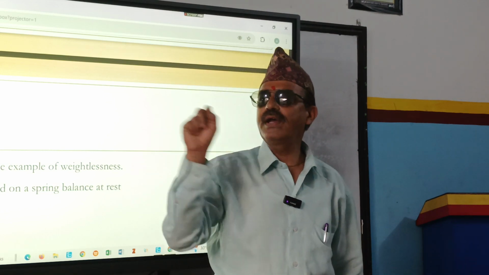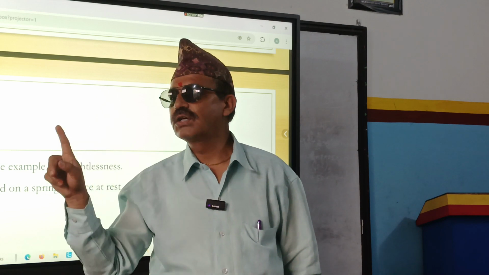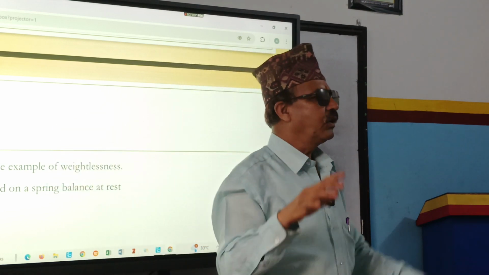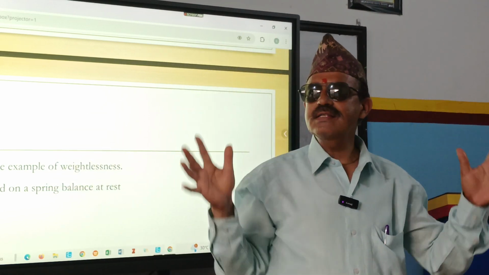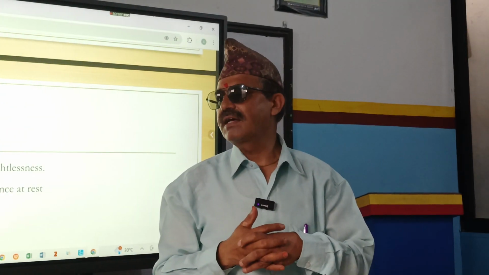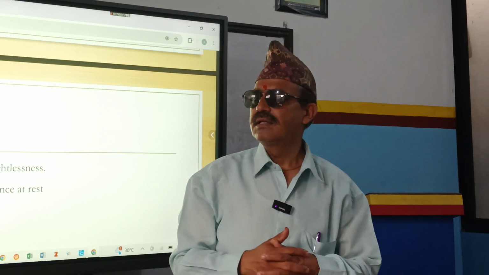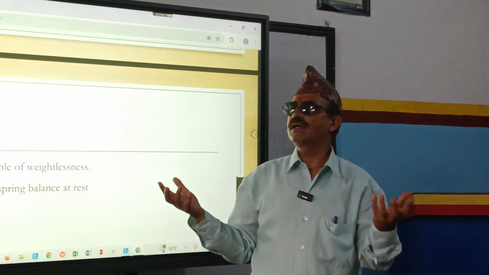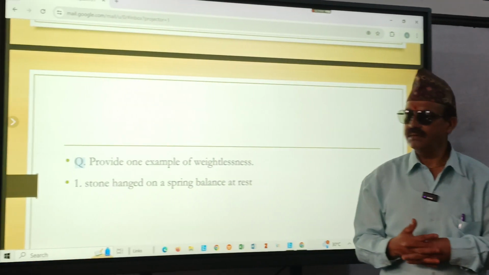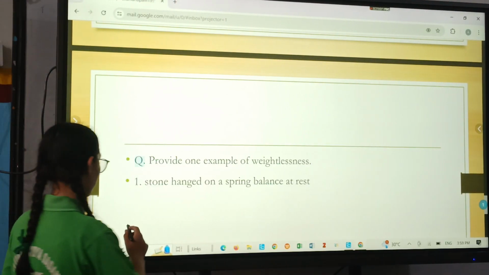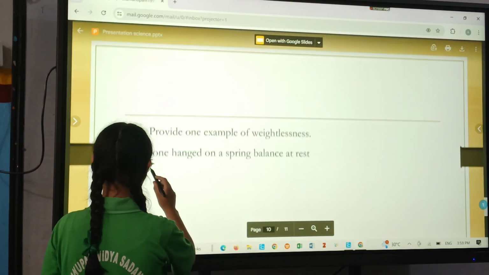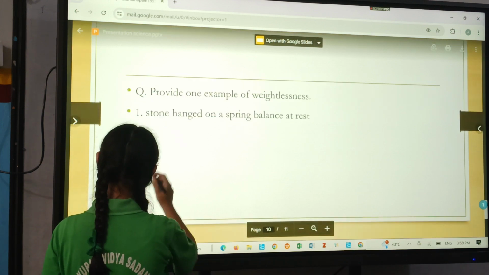So the weight of a freely falling body is zero. We have to remember. Or the weight of the persons inside an artificial satellite is also zero. There is weightlessness. There is no air resistance. That's why weight seems zero. Simply, we can say a freely falling body is an example of weightlessness.